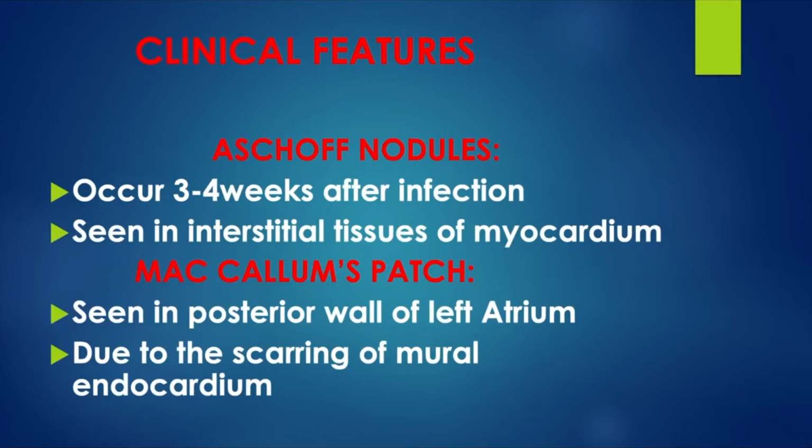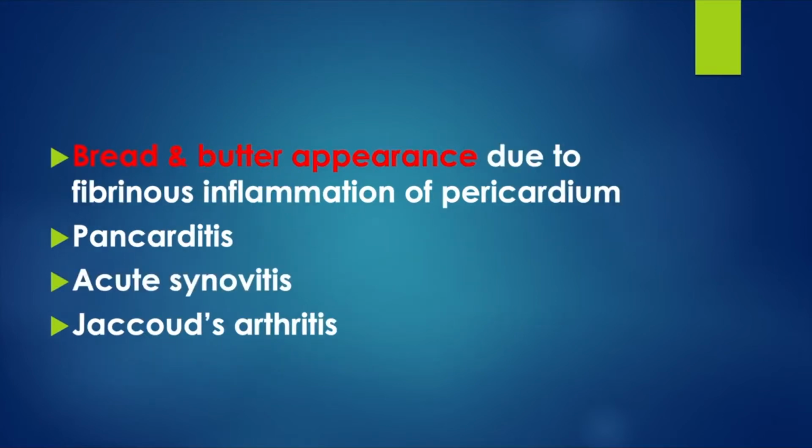Clinical features. Aschoff nodules occur 3 to 4 weeks after infection. Seen in interstitial tissues of myocardium. MacCallum patch is seen in posterior wall of left atrium due to the scarring of mural endocardium. Bread and butter appearance due to fibrinous inflammation of pericardium.